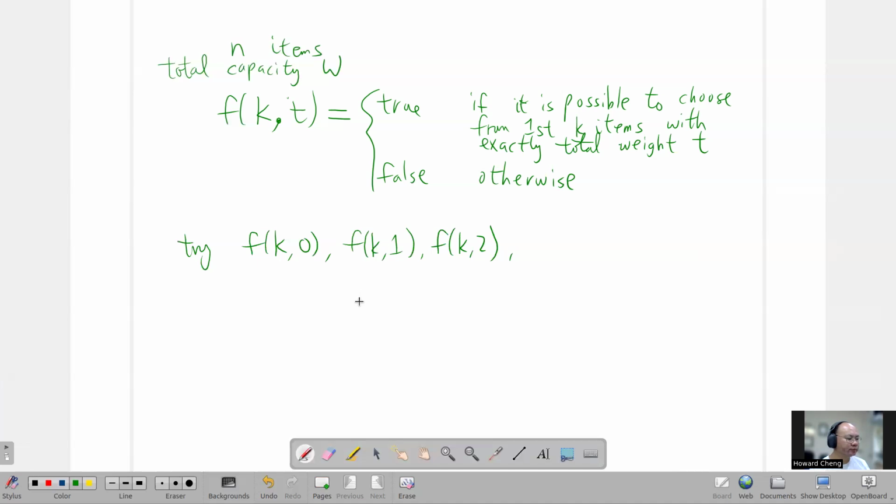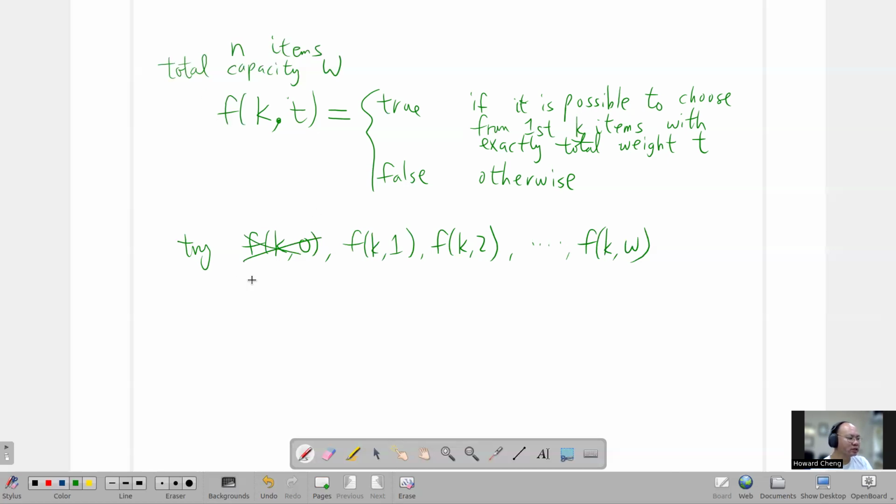So you can try all of these, and if one of them works, then you know you can do it. Now, if you don't want to count the case where you don't choose anything, you just don't try this one. If any one of these works, you know that you can pick something. Okay? That makes the capacity up to W.